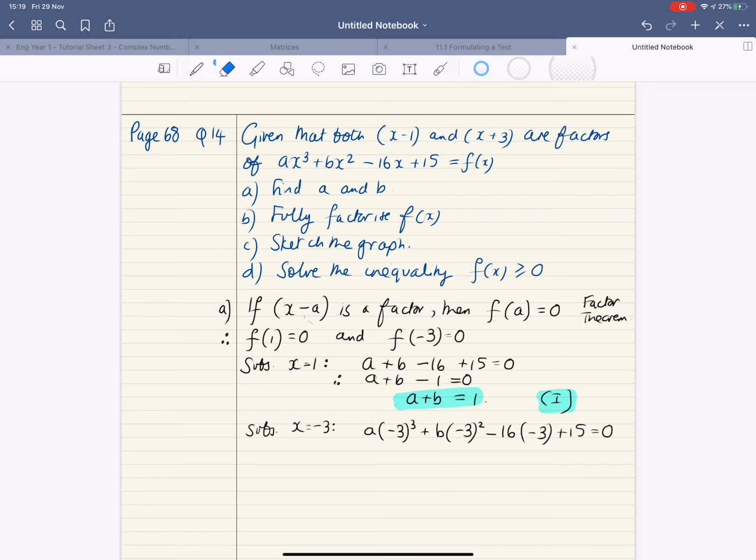Now minus 3 cubed is minus 27. The calculator will get the odd powers right, whether you put the brackets in or not.